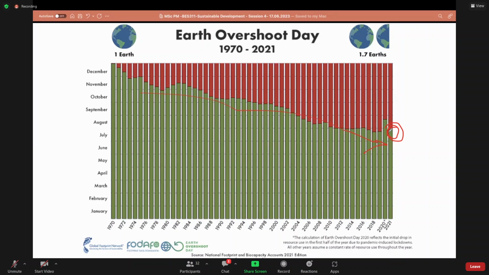Whereas now, I think it was somewhere in July last year. By the middle of the year, we have used all the resources that the earth can regenerate. After that, we are basically in deficit. We are polluting, overfishing, over-consuming, and putting things out into the environment that our ecosystem cannot handle.